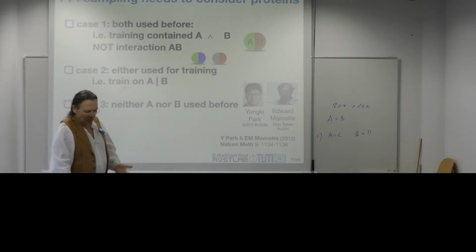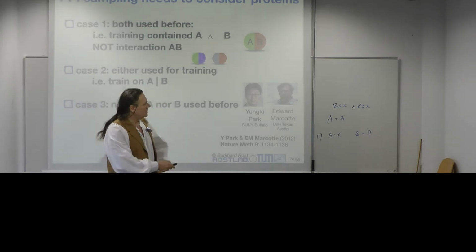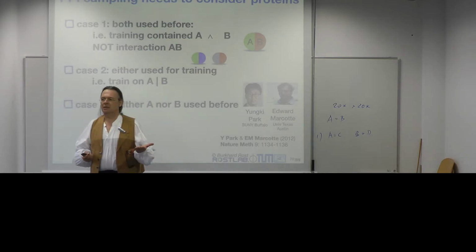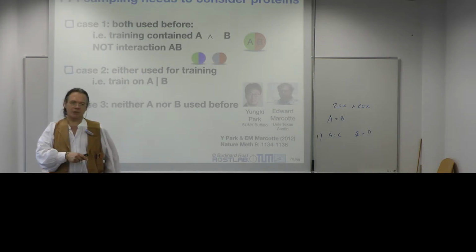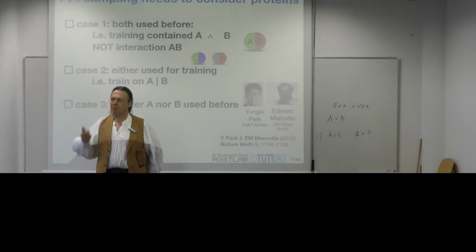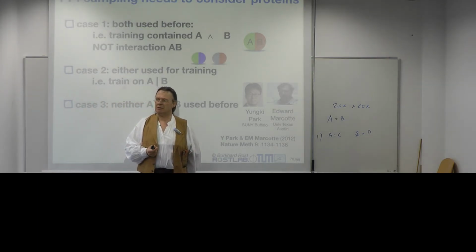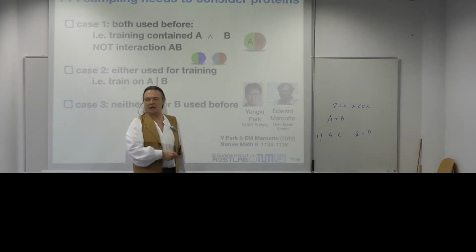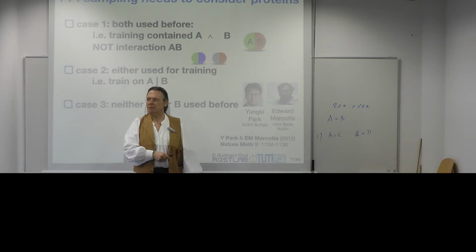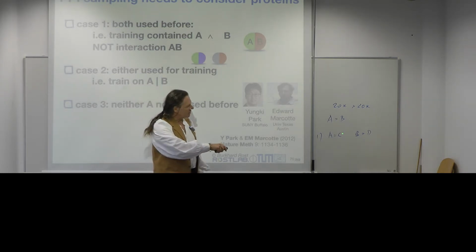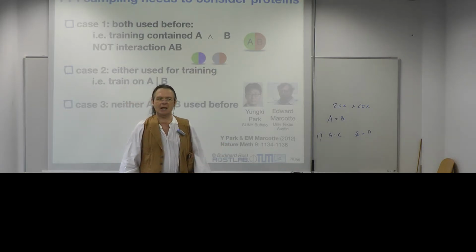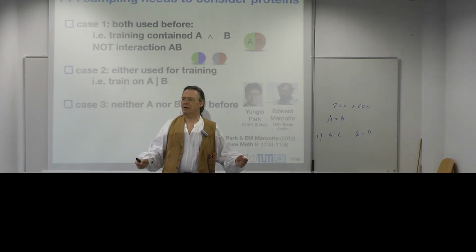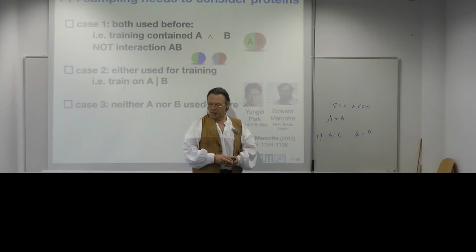And in principle, you would argue, this is not bias, because whether A interacts with B or A interacts with a completely different protein C, it's important to distinguish, right? Why should you not train on A and C and on B and D when you test on AB? As long as all of these 4 proteins that I have are unrelated in terms of a family, this should be okay.